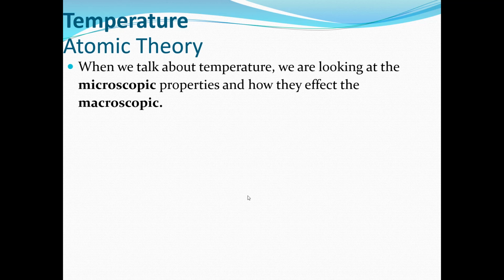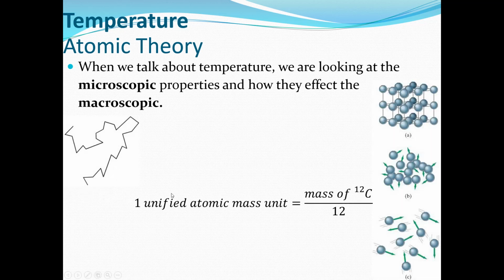So for things like temperature, how is that being affected? How is that working on the microscopic level? And then what is that doing with things like pressure and heat and all this stuff? This is something you're going to want to think about: how it's working at the small level and on the big level.